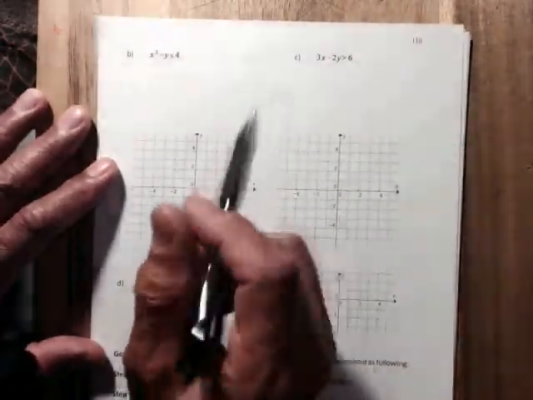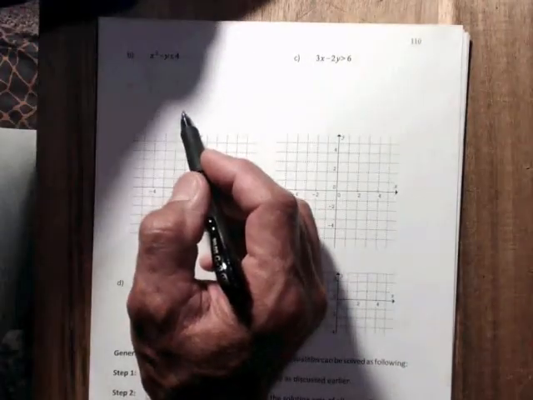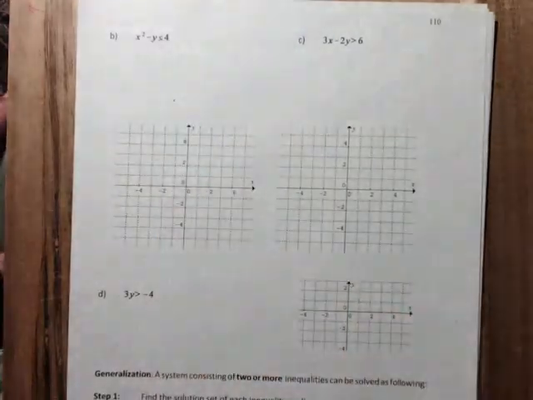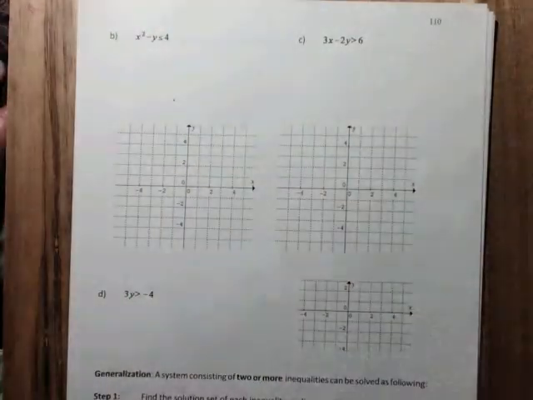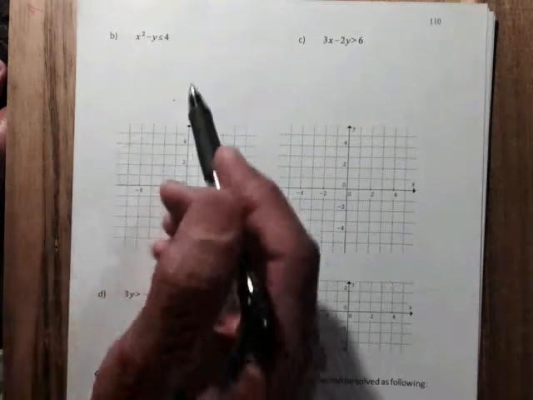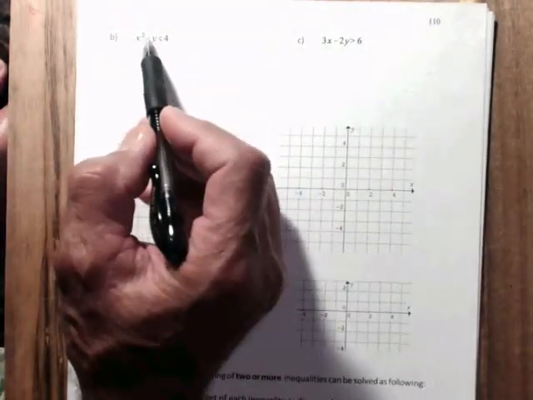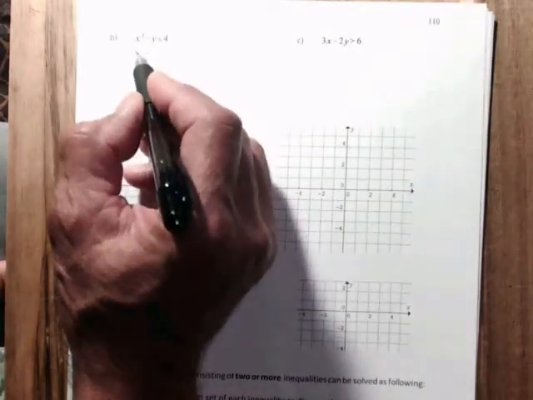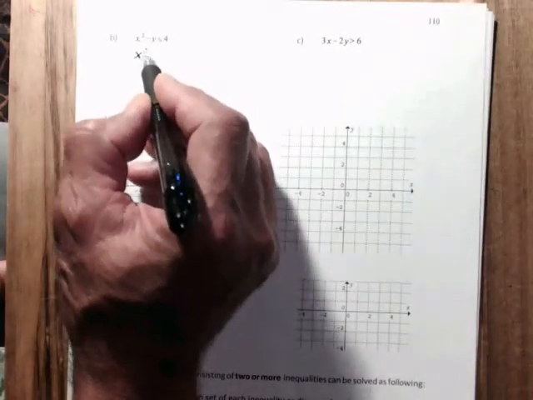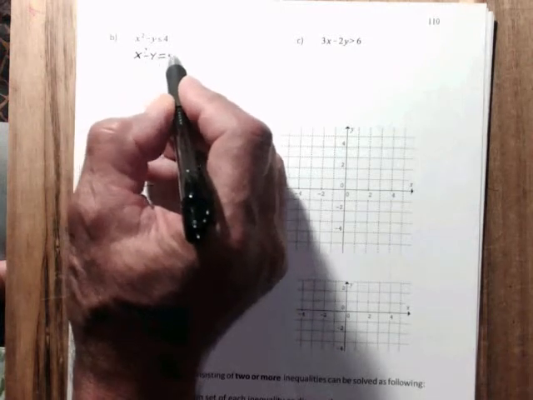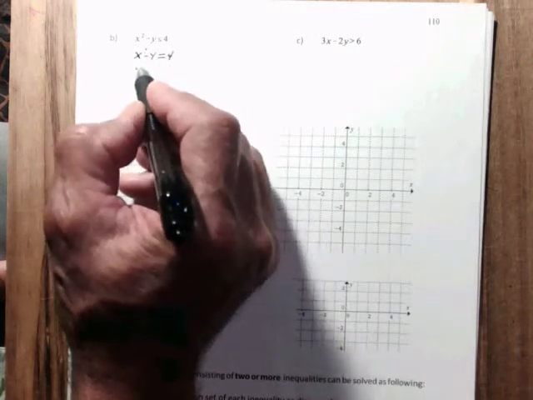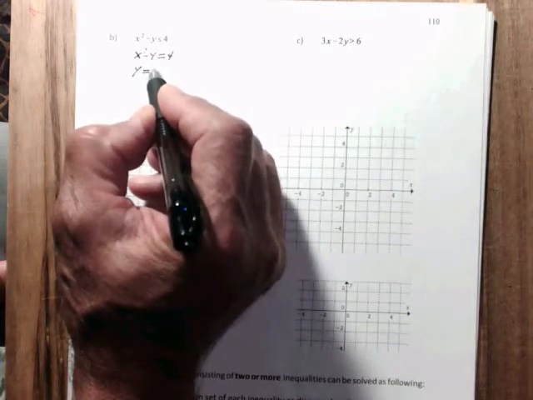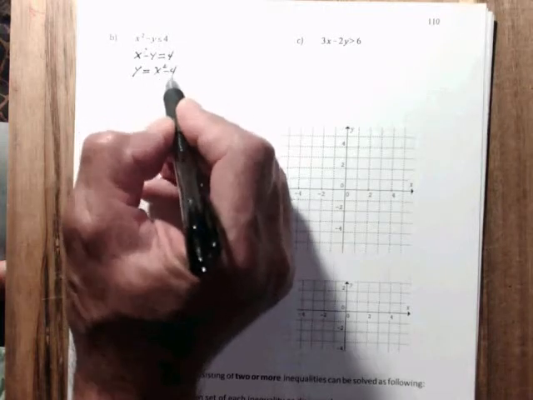Next example is this situation of a non-linear inequality. Non-linear because we have x squared minus y less than or equal to 4. So if I write this one as x squared minus y equal to 4, then you get y equal to x squared minus 4.